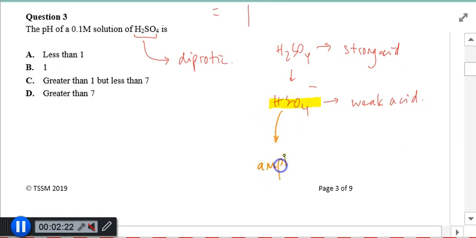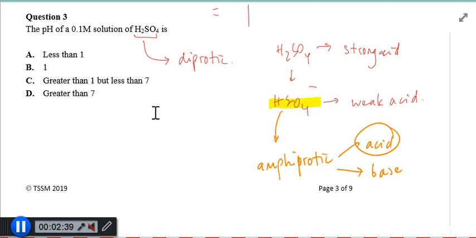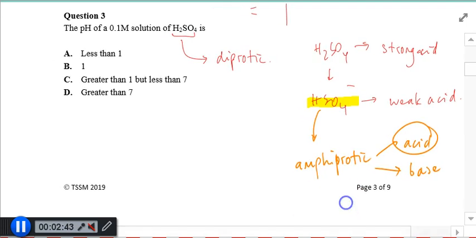So this can act as a base, but it won't, and also act as an acid. So it will act as an acid. It should decrease the pH even more because you're going to have more hydronium ions released by this bisulfate ion. So the pH should be less than 1.